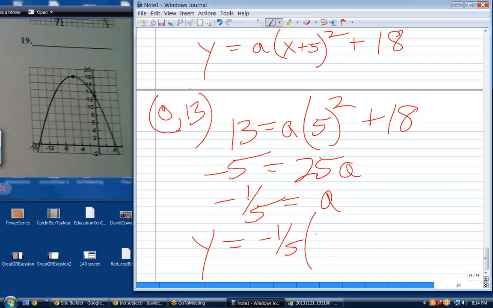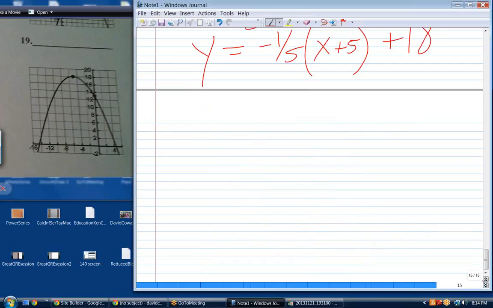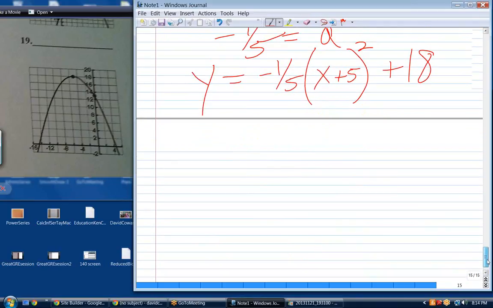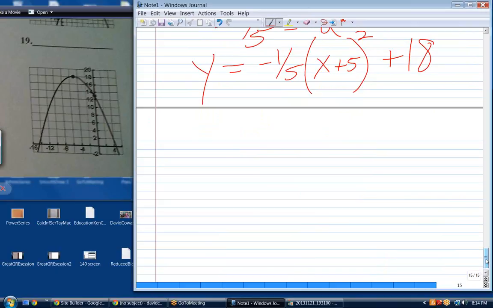So y equals -1/5 (x plus 5) squared plus 18. Alright, and then in standard format, that would be y equals -1/5 x squared plus 10x plus 25, plus 18.